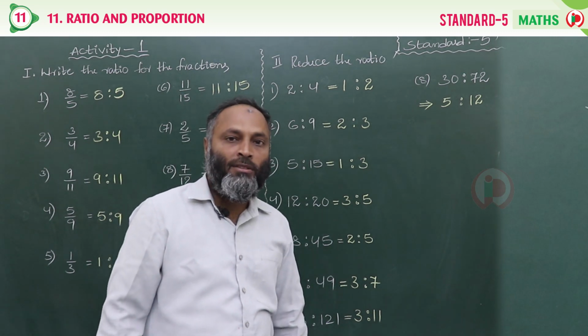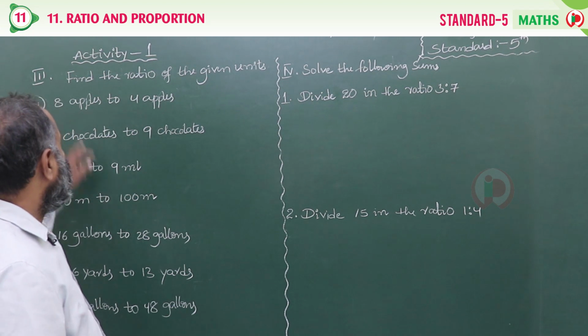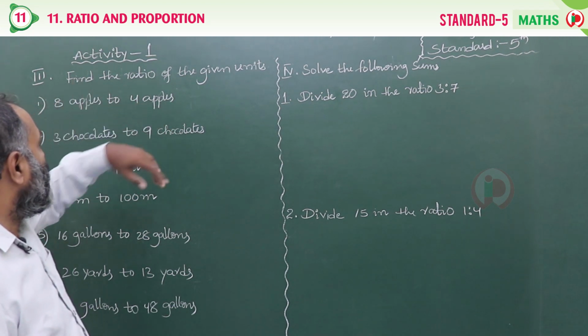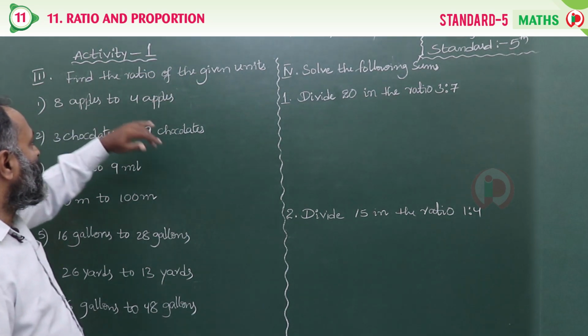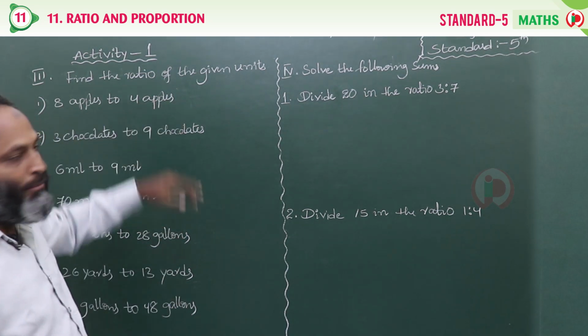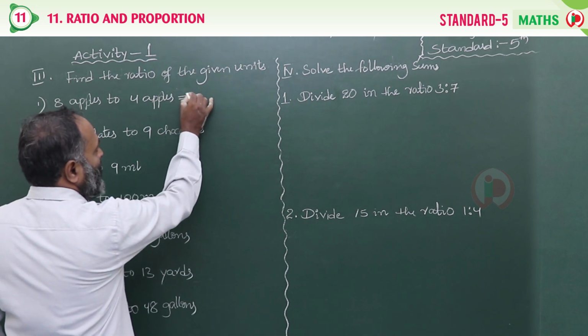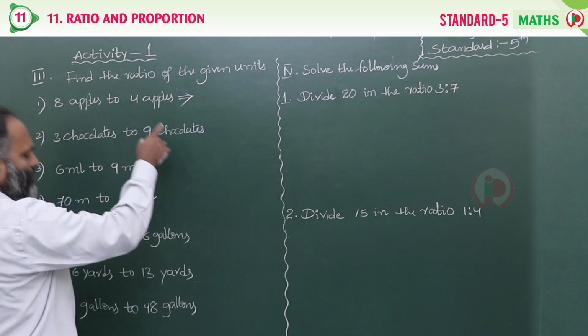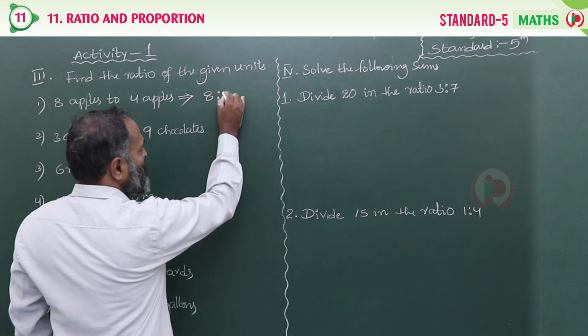Okay students. Now find the ratios of the given units. Here we should find the ratios. 8 apples to 4 apples. How to find the ratio? See here, 8 apples to 4 apples, that is 8 is to 4.